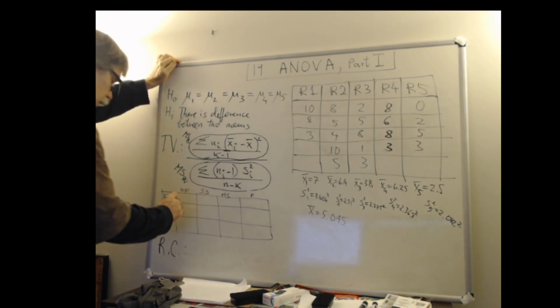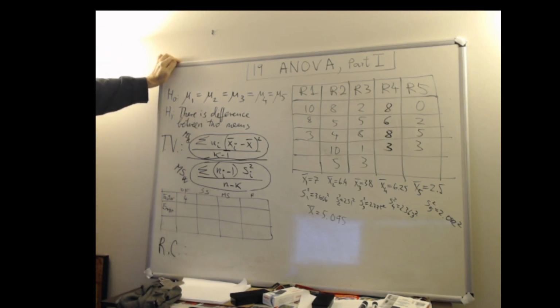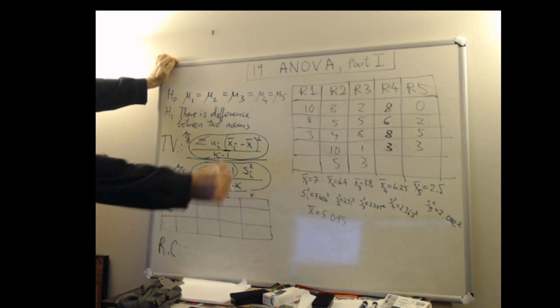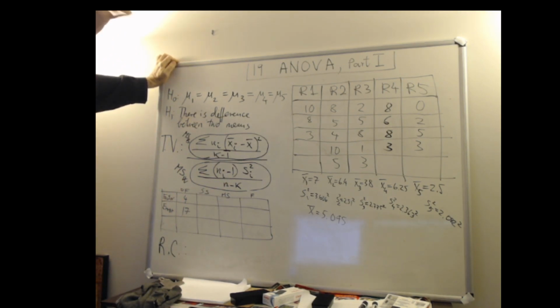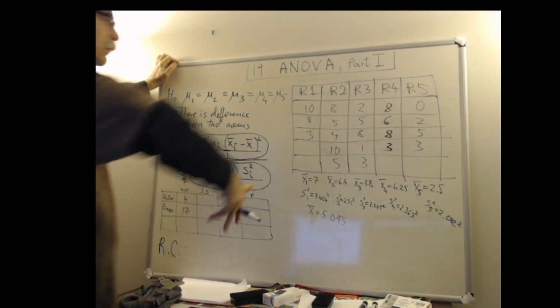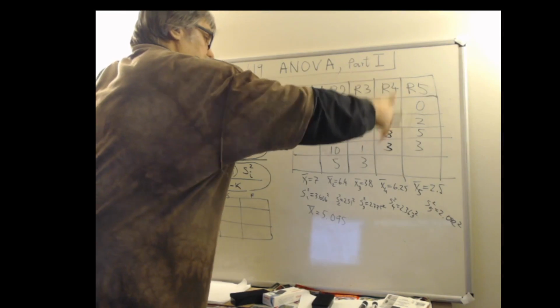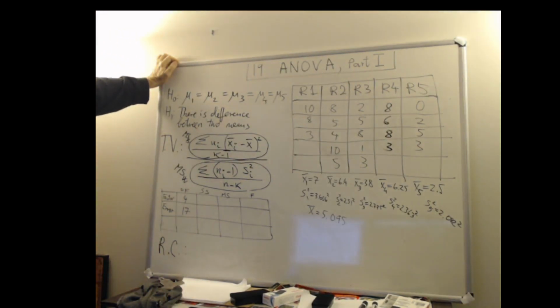Okay, degrees of freedom. For 5 groups, the degrees of freedom between the groups, or degrees of freedom for factor, is 4. Degrees of freedom for error is n minus k. The total number I have is 21 students, 3 plus 5 plus 5 plus 4 plus 4, 21.